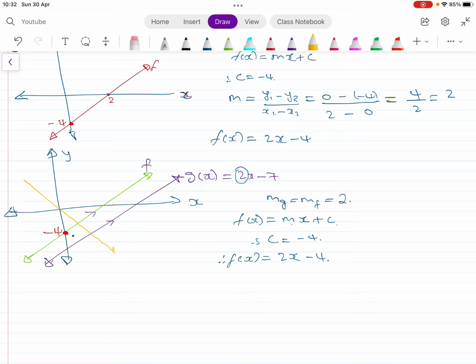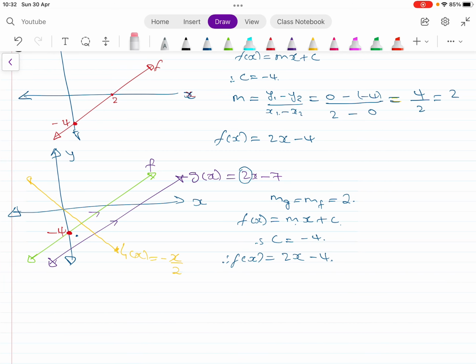You can see that is graph h, and the equation of this graph of h is h of x equals minus x over 2. That's the equation for h of x.